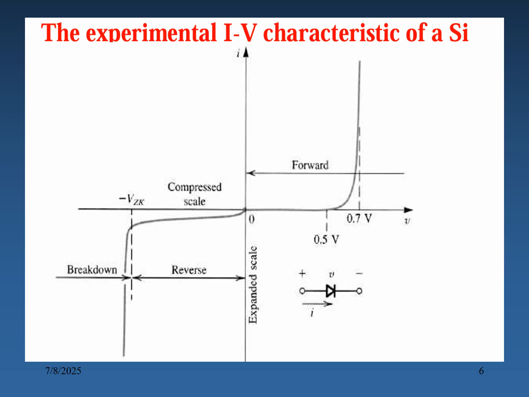After that only there is an increase of the current. So see here, up to 0.5 there is no current. From 0.5 to 0.7 there is a small amount of current. The current rapidly increases at 0.7. After that it increases exponentially.